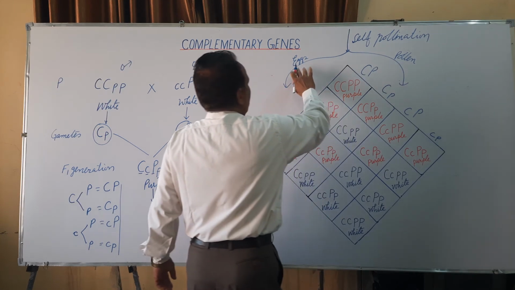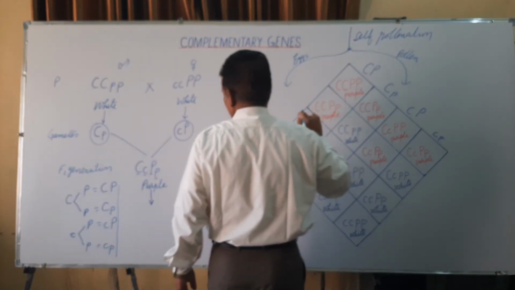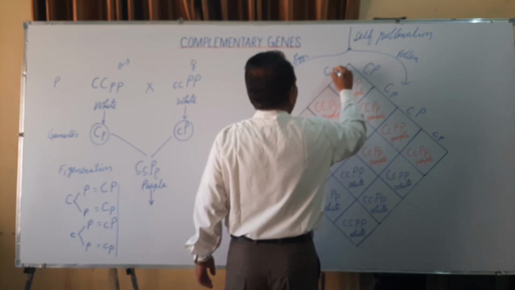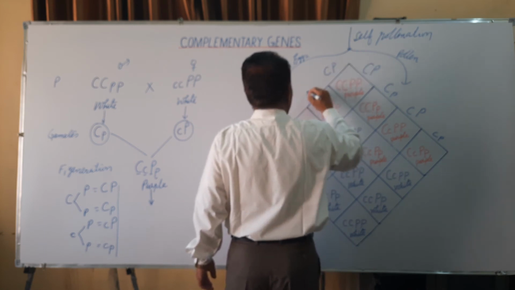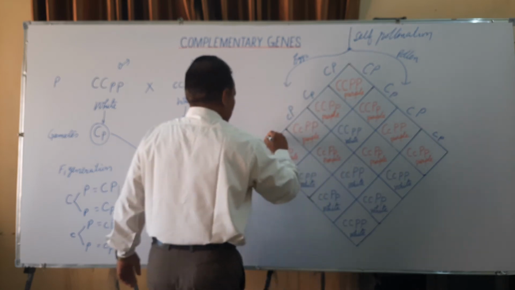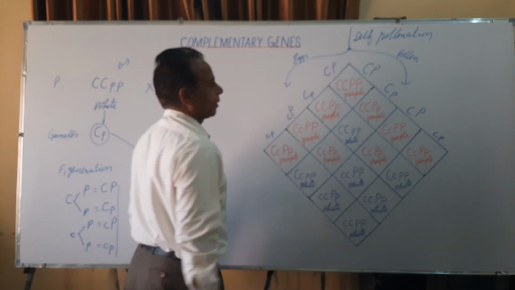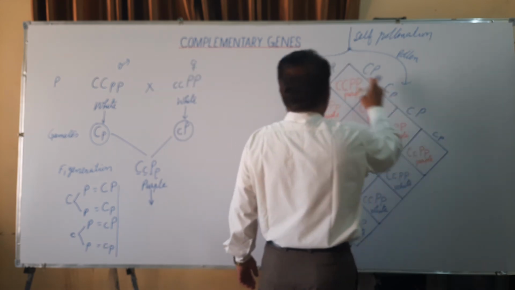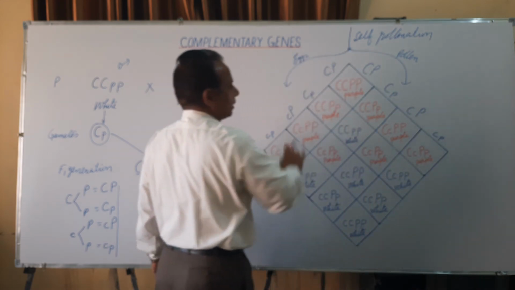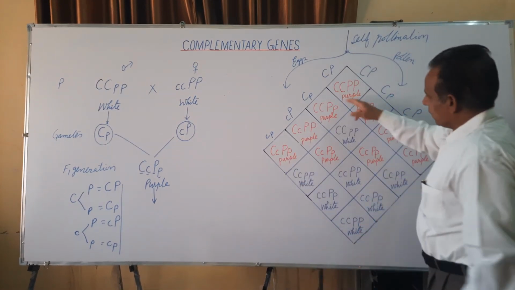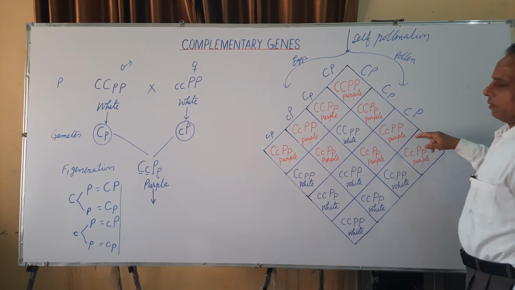Similarly, the eggs are also of four genotypes: capital C capital P, capital C small p, small c capital P, small c small p. These four types of male gametes and the four types of female gametes fuse randomly to form the 16 types of combinations.